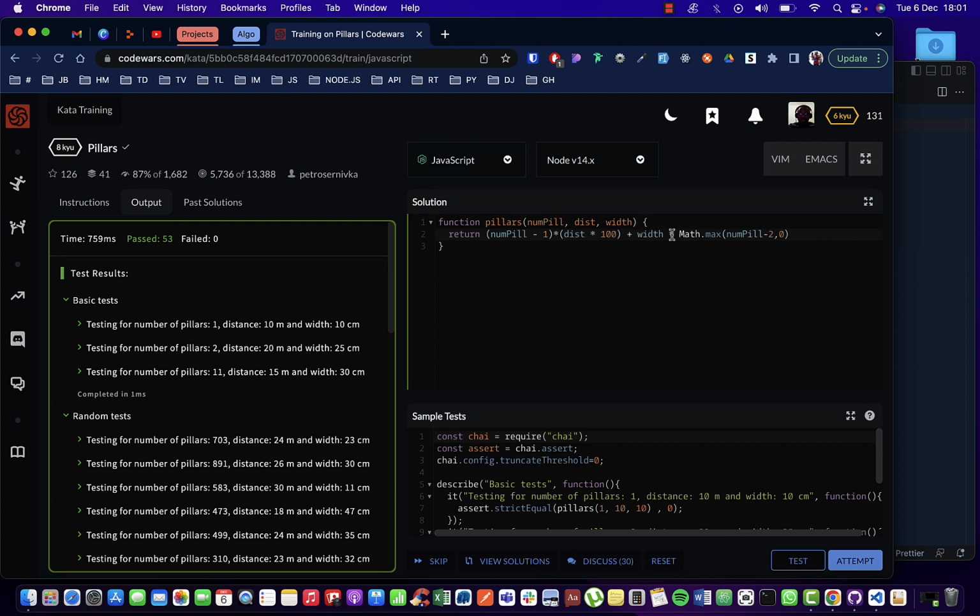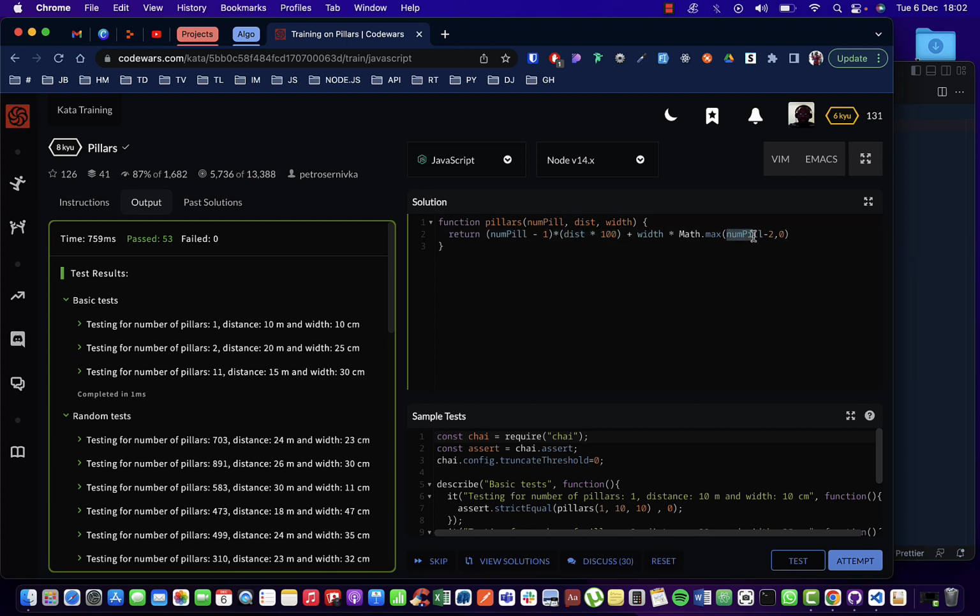So this will also pass, remember, because if we have 1 minus 1, it will be 0, so it will return 0. If we have 2, now it will be 2 minus 2, which will be 0, and 0 is the same thing, so it's going to pass 2. So 0 times 2 is 0, and that's what we want. So instead it will only grab the distance between the two pillars, right?